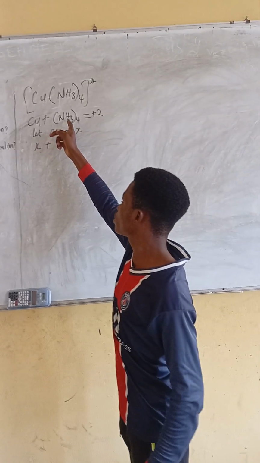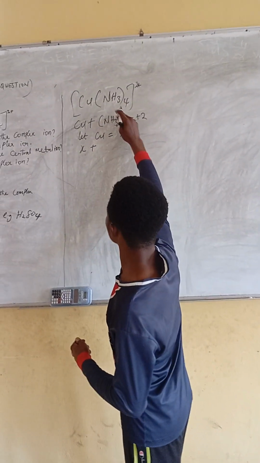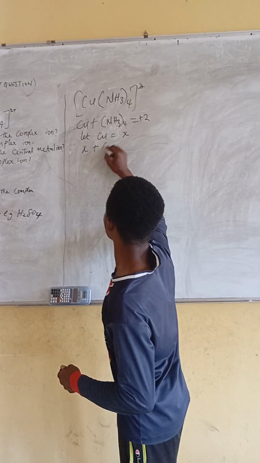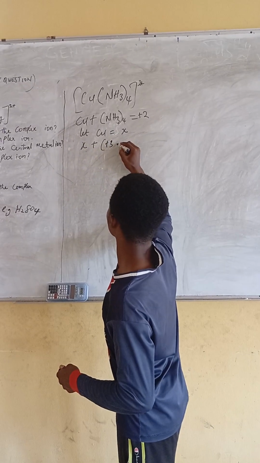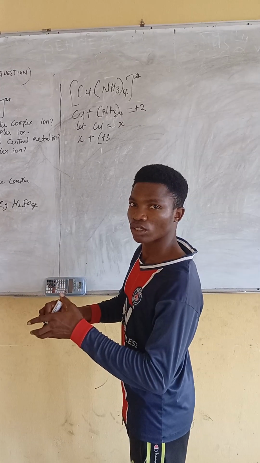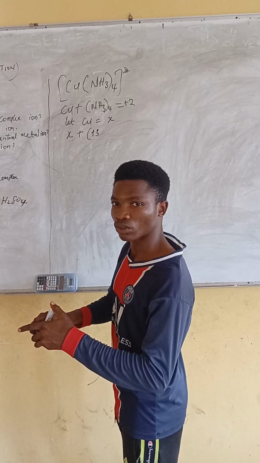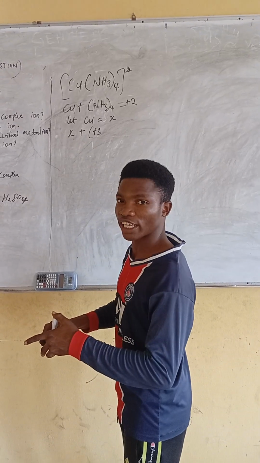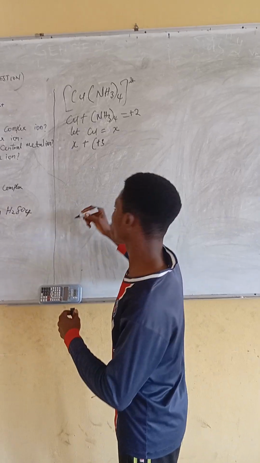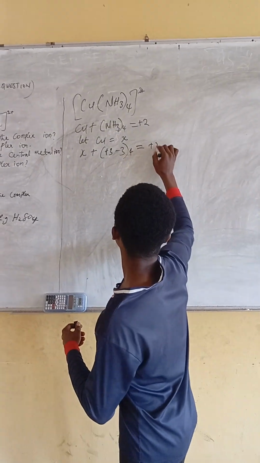So therefore, this guy is balanced with this guy. So from there, since 3 is multiplying them, I can say that nitrogen is +3. Nitrogen is +3. Then hydrogen, I told you earlier, when hydrogen is in hydride form, the oxidation number is -1. So -1 times 3, that will be -3, for 4 equals +2.